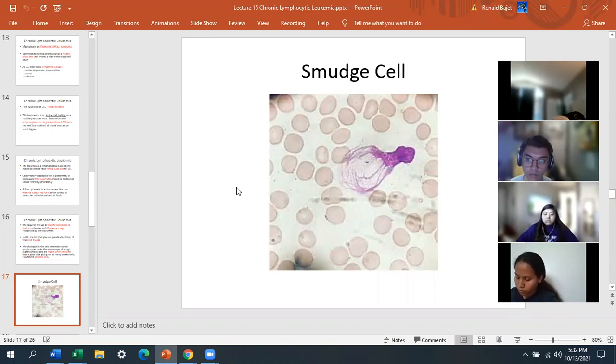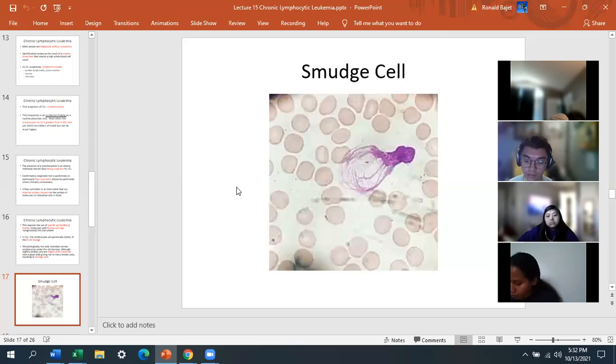When you see this, it's not diagnostic, but it's also a finding that's associated with CLL. Just because you report out one or two smudge cells, don't label the patient as having CLL. You've got to let the pathologist do that.